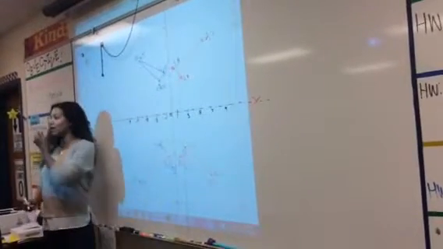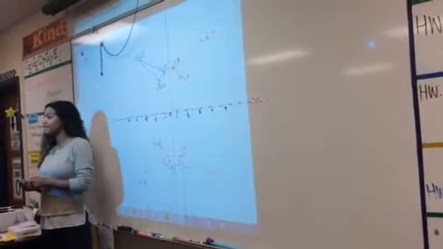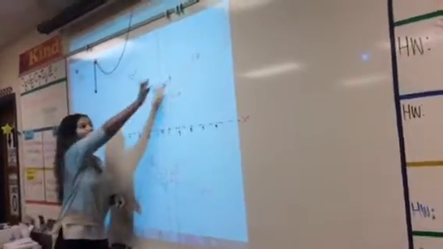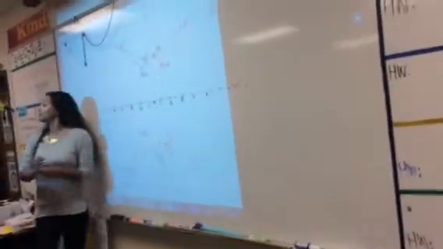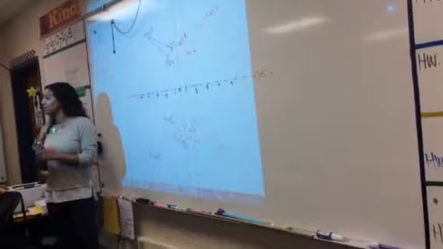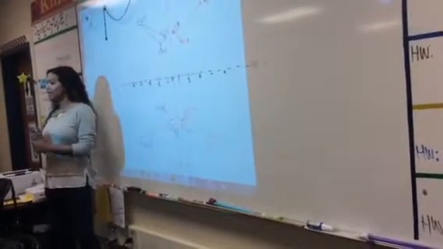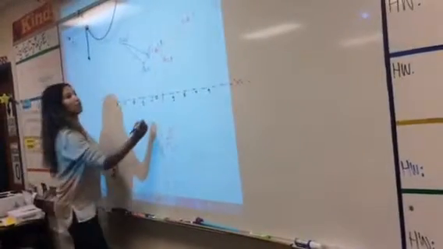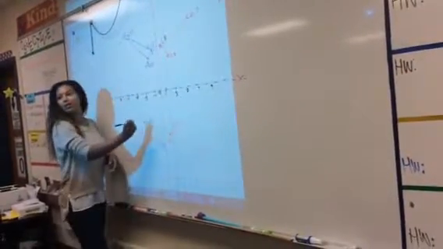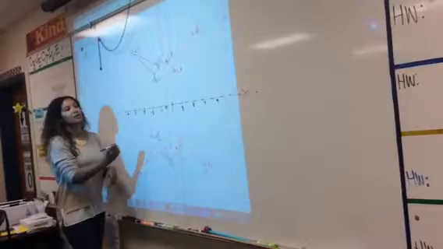Now that's the same as what kind of transformation? It is a double reflection. Same as a rotation. How many degrees? 180. What could I do to go from A to A double prime? What could I do to see the degrees?